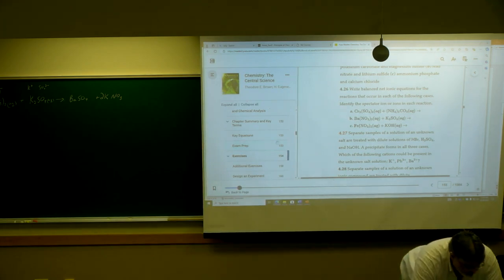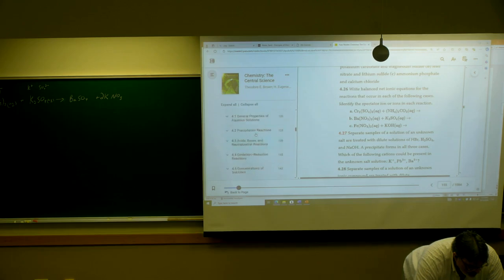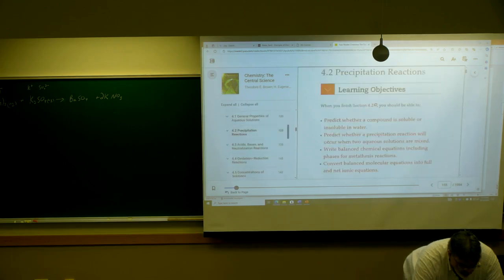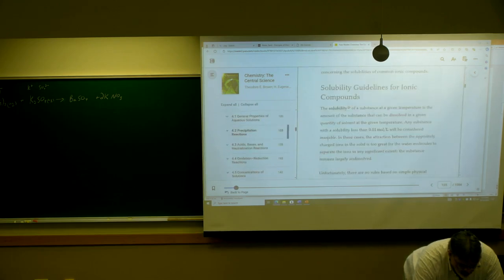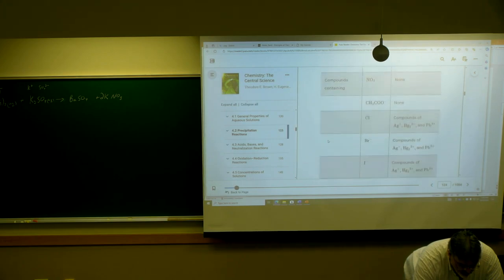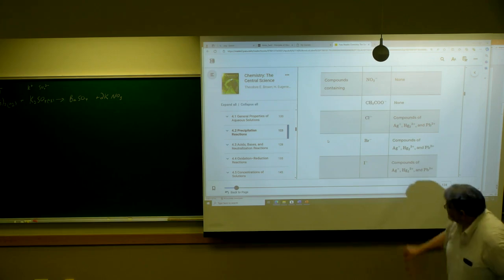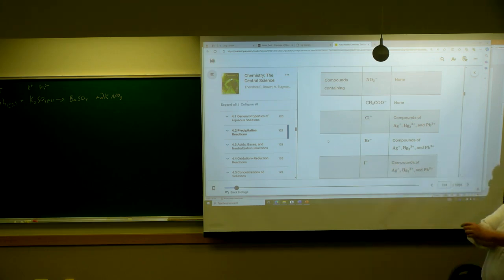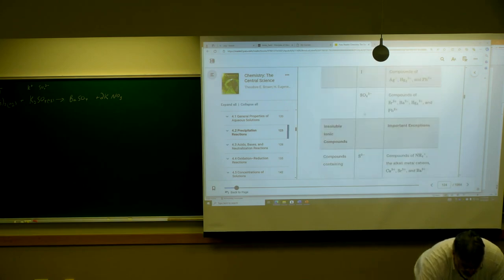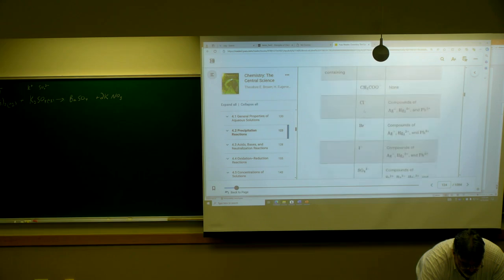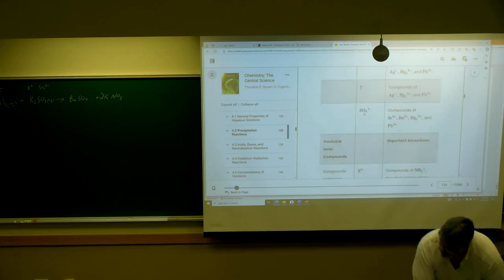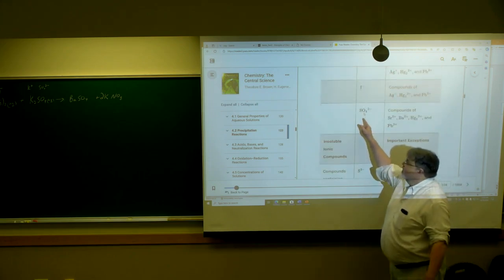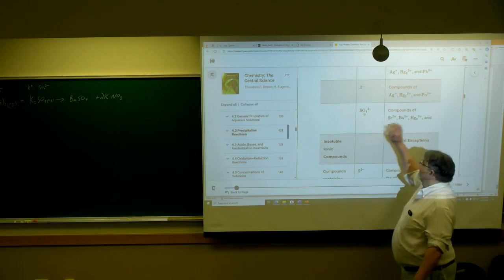4.26. So I'm assuming y'all have been using this if you've been practicing. Barium sulfate. There's sulfate. And we're in the part of the chart where these are all soluble. So this is saying all sulfates are soluble except for these.